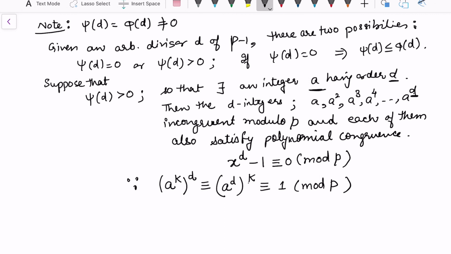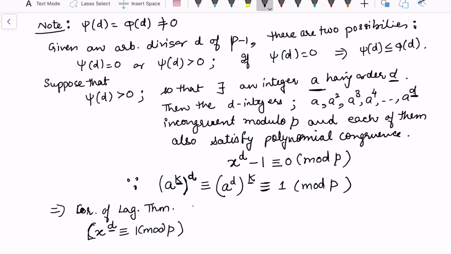And now by the corollary of Lagrange theorem, x raised to power d is congruent to 1 modulo p has exactly d incongruent solutions. Let me name this equation star.